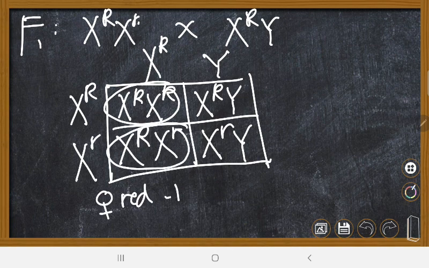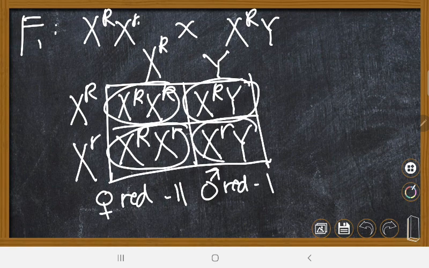So if we take that, we have 2 for red-eyed female. Now what about this one on the upper right hand corner? This is a red-eyed male. Okay. And then this one here on the lower right hand corner is a white-eyed male. Okay.